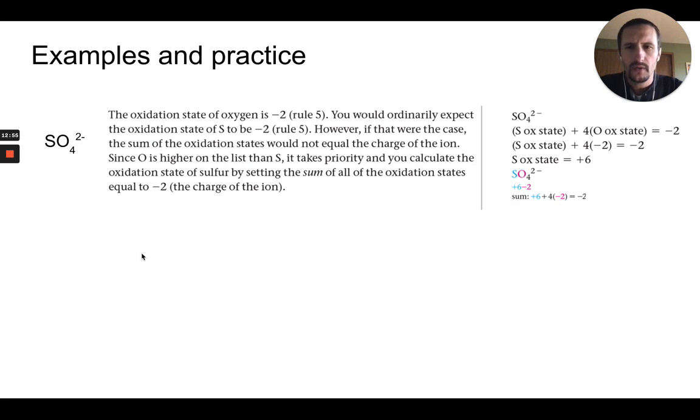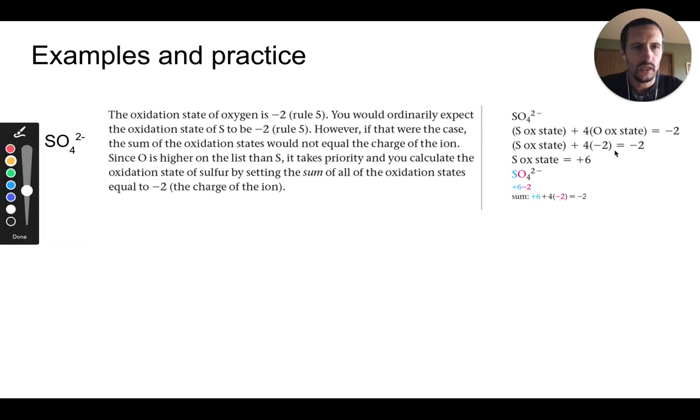In order to figure out the oxidation state of the sulfur, we do like we did for the carbon dioxide. We have to know that the sum of the oxidation states equals the charge of the ion. And so this one, the charge of the ion is -2. And so the sum of the oxidation states must equal -2.